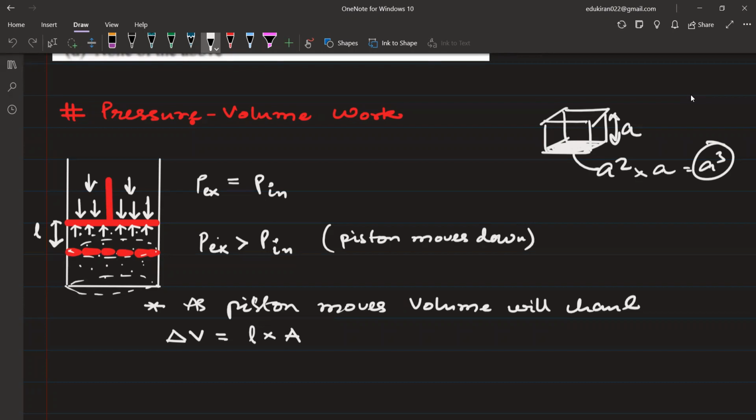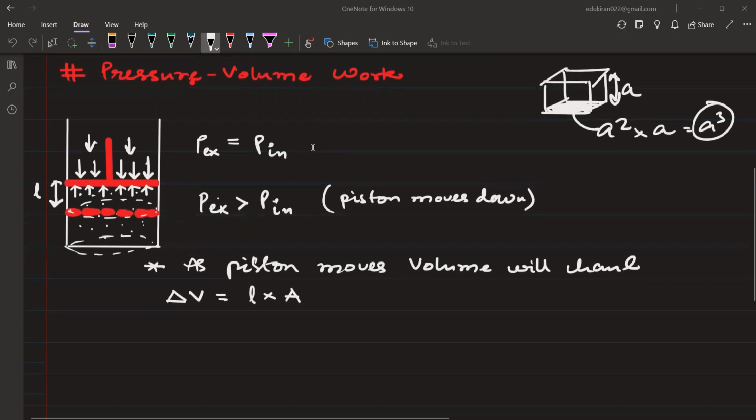Delta V will be equal to L into A. Yes, Jania, Hiba, Abdullah, please tell me. Is this clear? How change in volume will be equal to length into area? Yes. Okay. Now, what is pressure? Pressure is equal to force upon area.